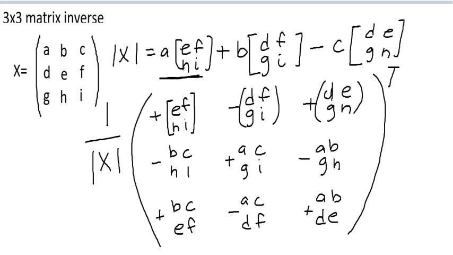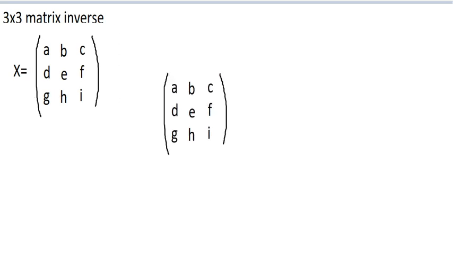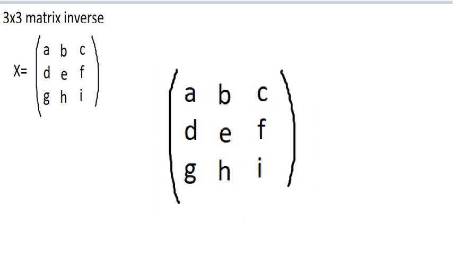Let me just scrape this all off. Let's say this is the value you've been given. Let's say this is the new matrix you've found after you multiplied it by 1 over the determinant.